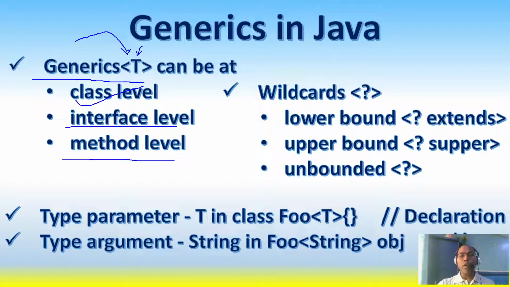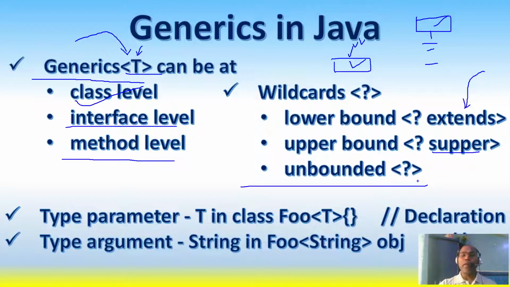But sometimes you want to place a restriction, then this class can use the keyword extend or super. The extend keyword says I am supporting this class and all its subclasses you can pass. Super says I am supporting this class which is mentioned here and all its superclasses. And sometimes there is the unbounded wildcard, which means you can pass anything.